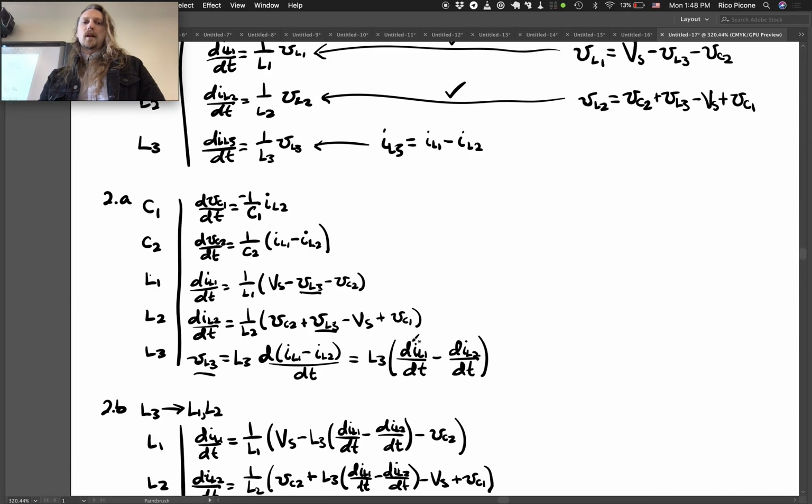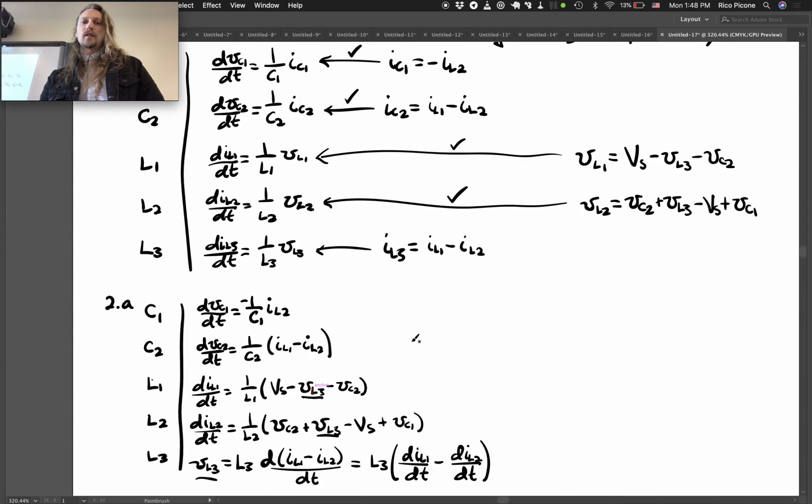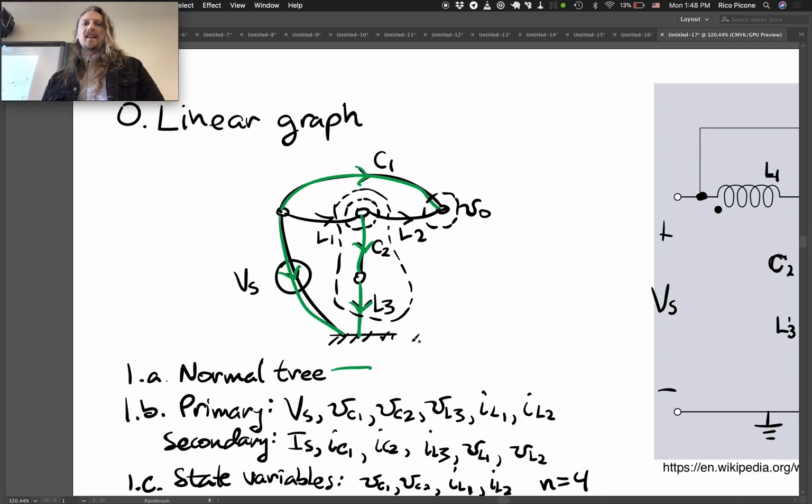So we write V out. There's obviously a best way to do it. We could go like L2 to L1 to Vs, or any other kind of crazy path. So you could do it any way you want. Then you'd have to take those variables and write them as state variables and inputs. I chose this path because Vc1 is a state variable and Vs is an input.